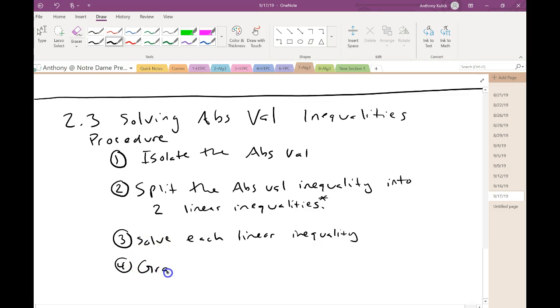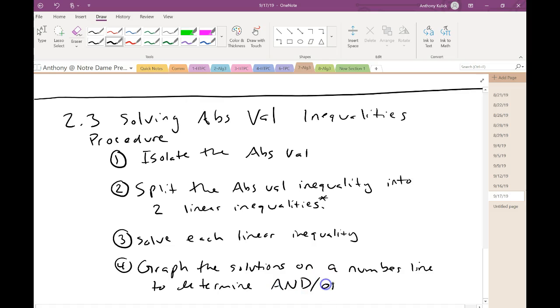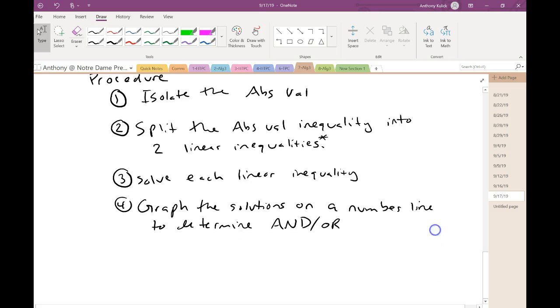Rather, we're going to graph our solutions on a number line to determine the type of inequality our answer is, whether it's an and inequality or an or inequality. And we'll see a little bit more of what I mean by that when we get to an example here.